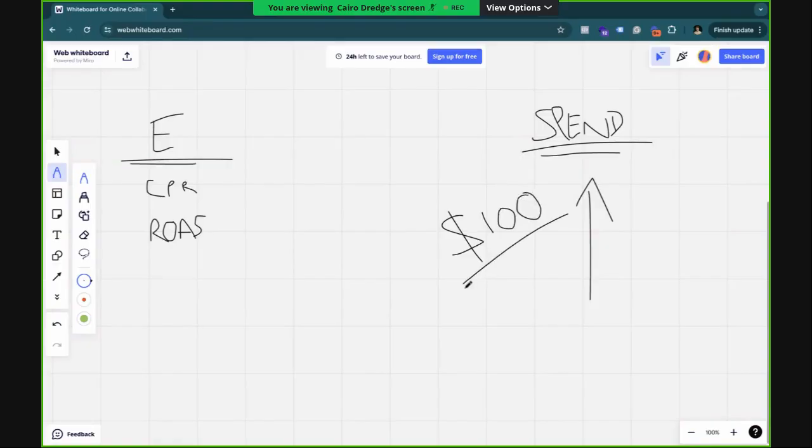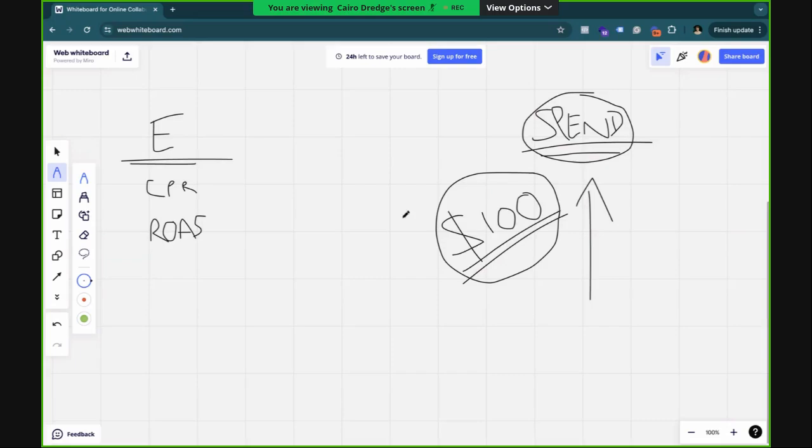If we say, Facebook, you need to spend $100 a day, whether it's profitable or not, to get me the highest volume of purchases, then Facebook is kind of forced to spend in and around $100 a day. Now that is an interesting concept, because what we're talking about here is not just spend, but control of the spend. It's not just $100. It's the fact that we're saying it must spend $100.